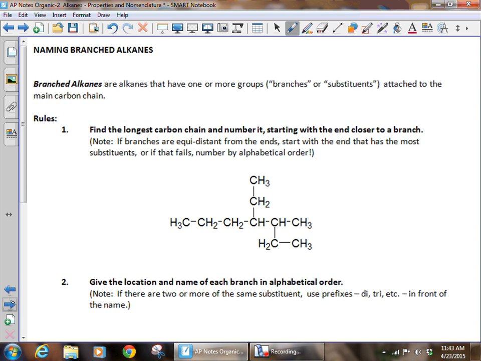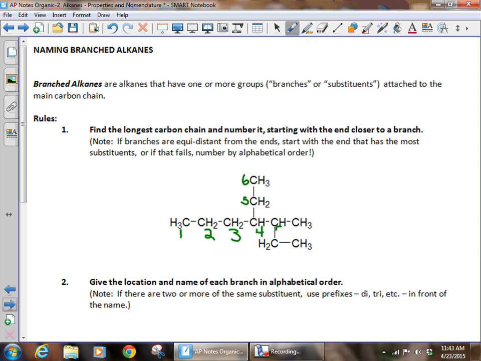So branched alkanes, how are we going to write the formulas and name these? First thing you've got to do is find the longest carbon chain and number it. And you've got to start with the end that's closest to a branch. So if I start over here, I'm going to start in green. The green is not going to be my final numbering system, but it's going to start me out. There's 1, 2, 3, 4. I could go 5, 6 that direction.